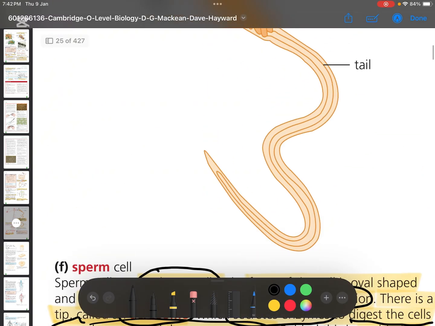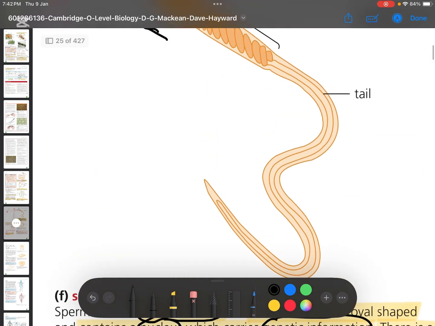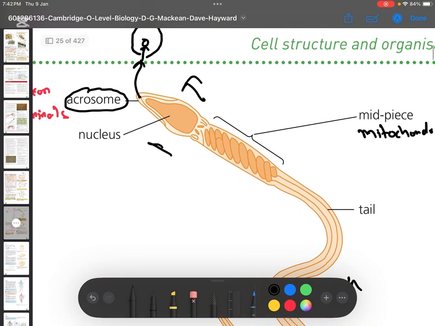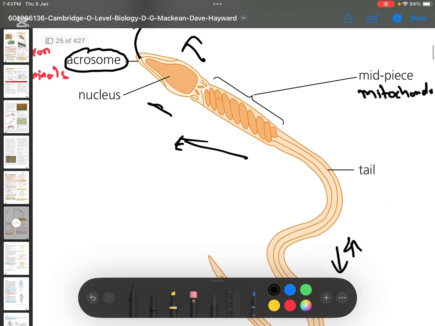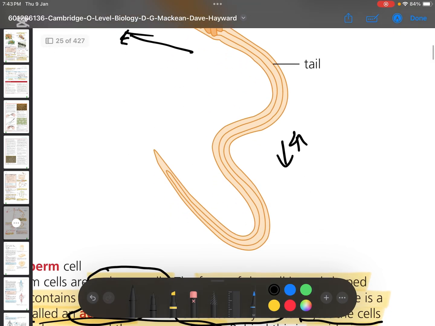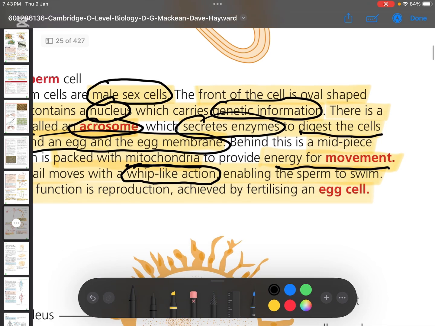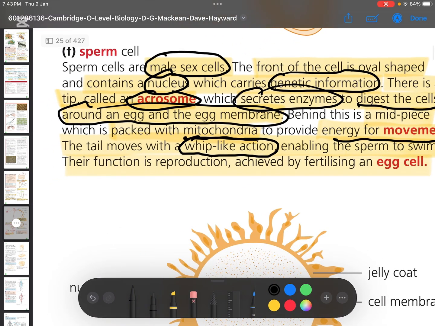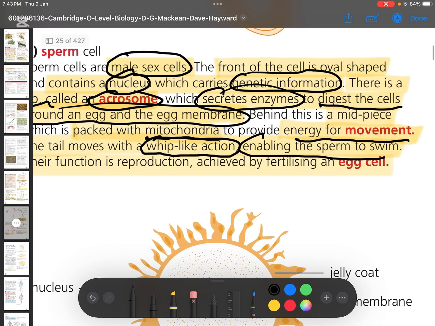Just like that, the tail has a whip like action which helps in the movement of this sperm cell forward, right? So there's two things that help the sperm cell move. Number one is the energy that's been provided by the mitochondria, which is present in the midpiece. Number two, the tail, which has a whip like action movement, which helps enabling the sperm to swim.